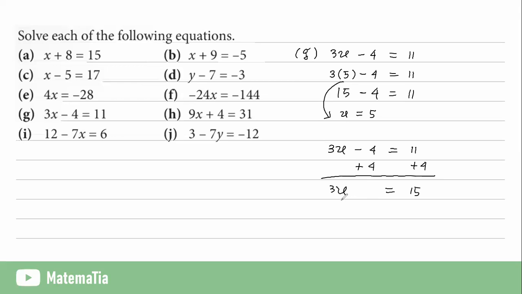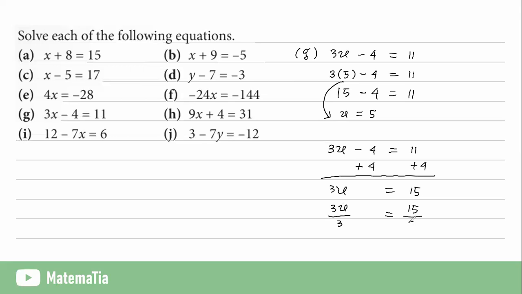And then the next step, we have to find the value of x, because here we still have 3x. So we need to divide both sides by 3. Because when we divide 3x by 3, we will get 1x, right? 1x means x.